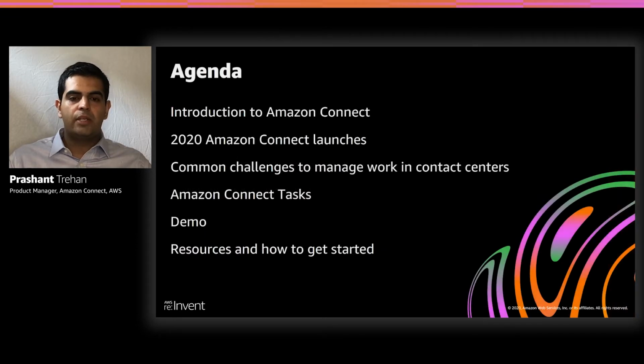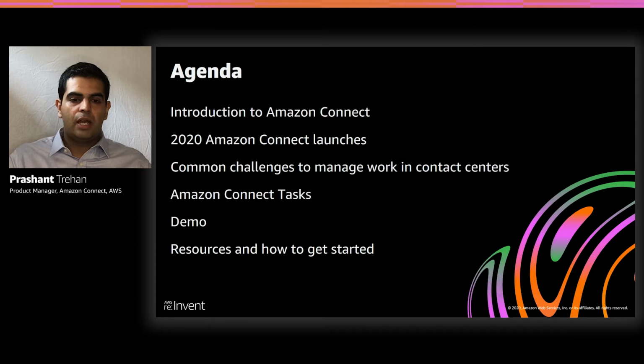We'll begin with a quick introduction to Amazon Connect. Then we'll discuss the challenges that managers confront when trying to manage work in the contact center, how this impacts agent productivity, and consequentially your end customers. We'll see how Amazon Connect Tasks helps address these challenges by empowering contact center managers to prioritize, assign, and track work across the disparate applications used in contact centers so that agents are working on the highest priority task of any type.